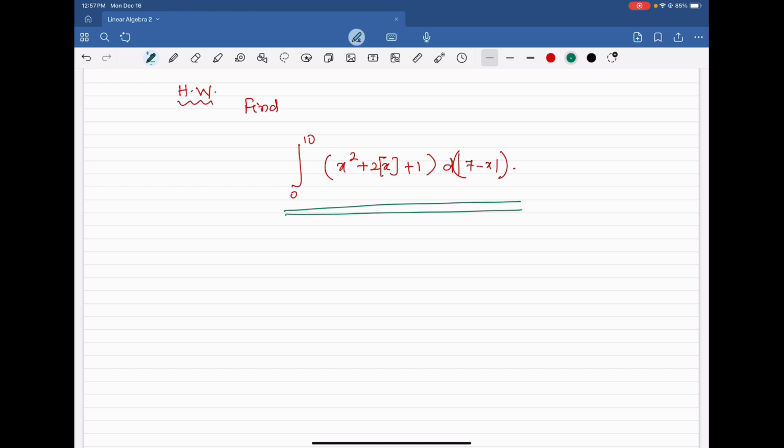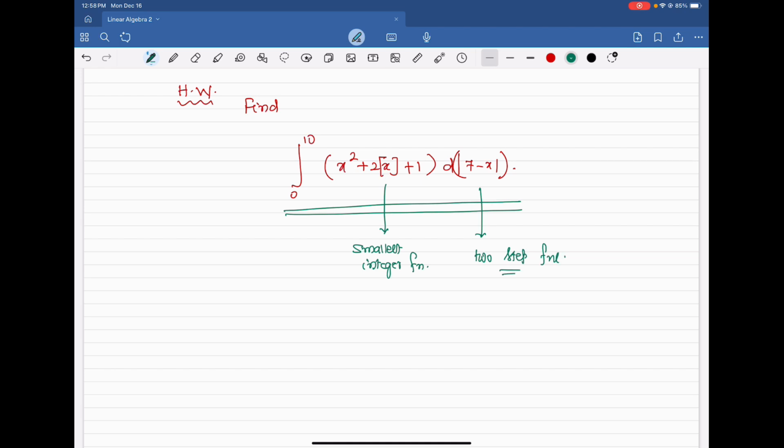It may look difficult, or complicated, or complex when you glance at it. But I'll give two hints. This is the smallest integer function, and this has two step functions.